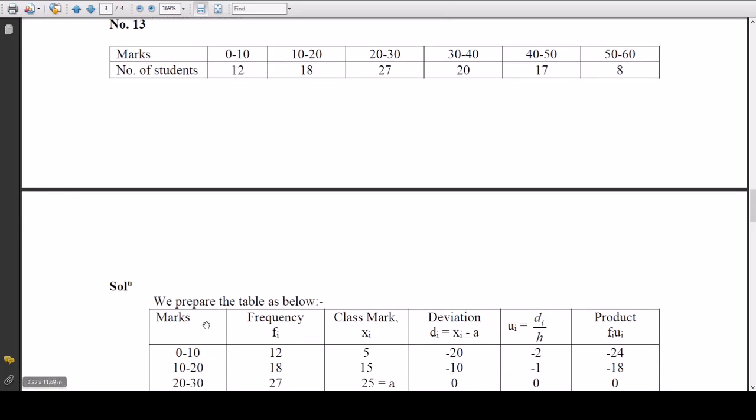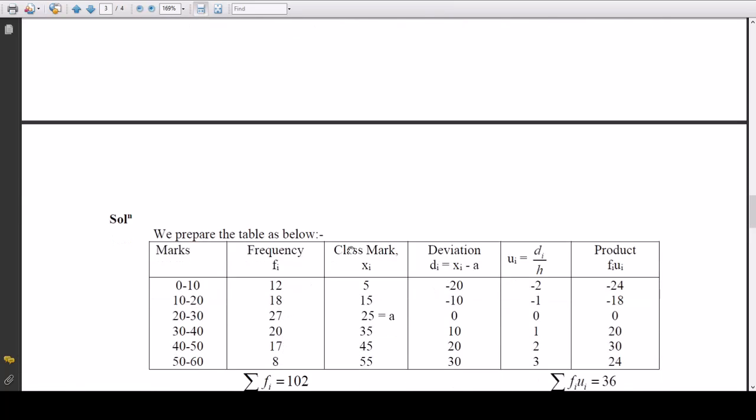First column for marks, frequency will just follow from the given table. Class mark also is the same thing, you have to find out from the class interval, the mid value of the class interval. This we have come across so many times. Deviation also is the same thing as we have done in the second method.